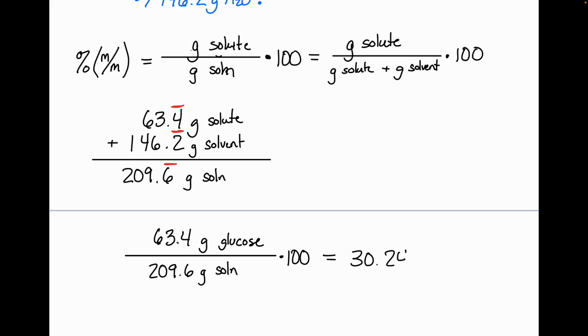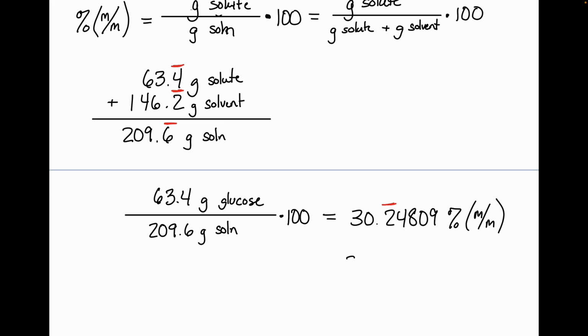That gives 30.24809% M over M, or being good with my sig figs here, 30.2% M over M.